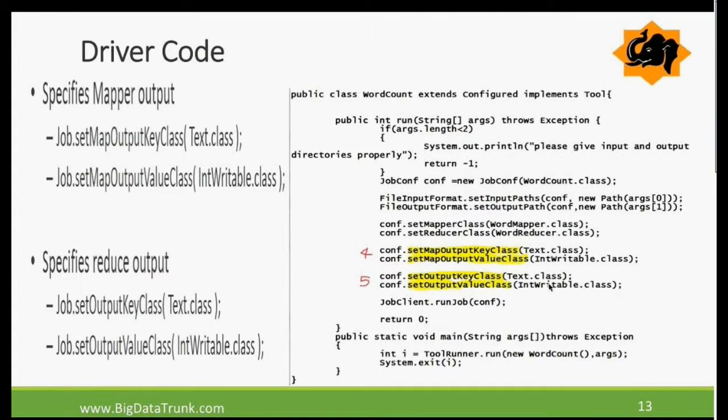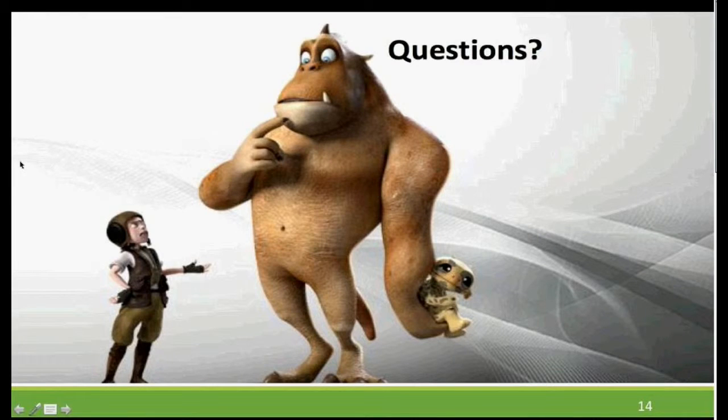As many components as we define in your MapReduce program, they have to be brought in and tied together using this driver program. So this was a quick dissection of that simple program, connecting it with the example we looked at and the code. That brings us to questions.